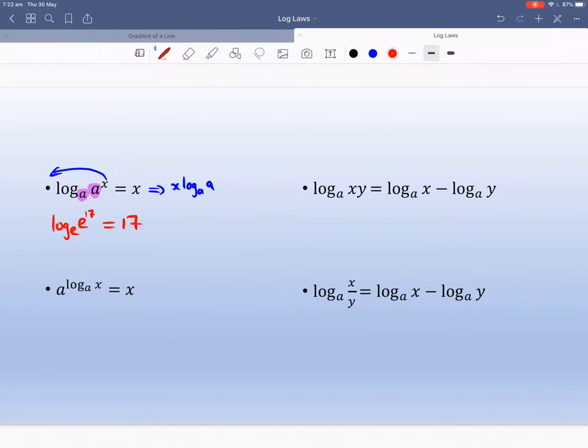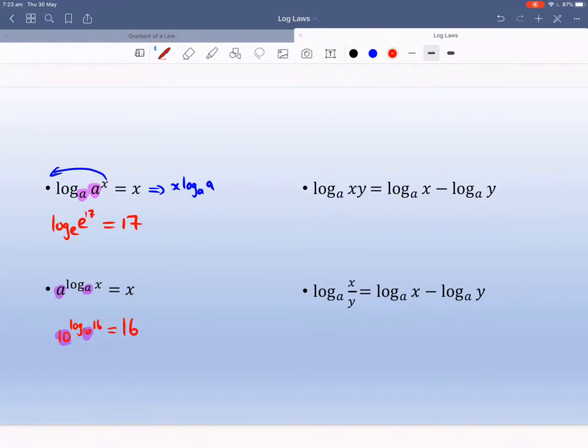All right. Now, this one's true too. So if I go 10, and I'm going to put it to the power of log with a base 10, see how a and a are the same, 10 and 10 are the same. And let's put 16 in this case. You should get the value of 16.